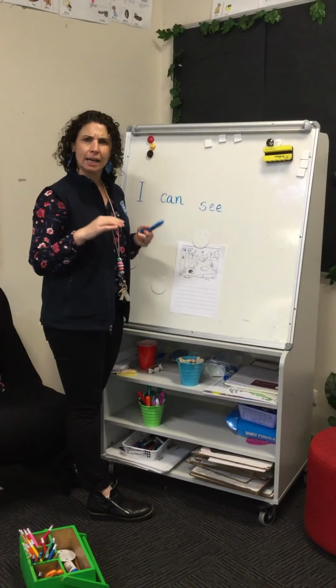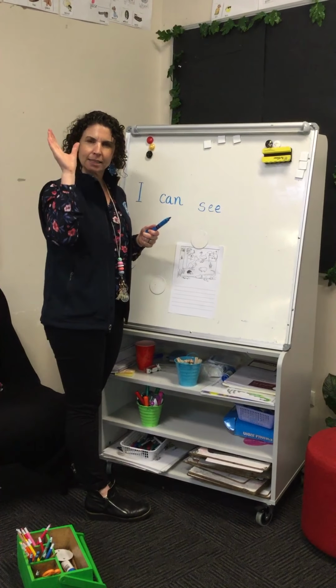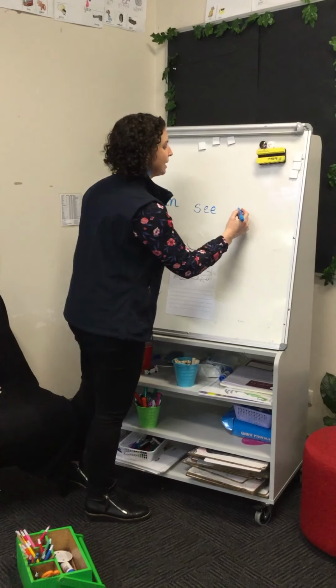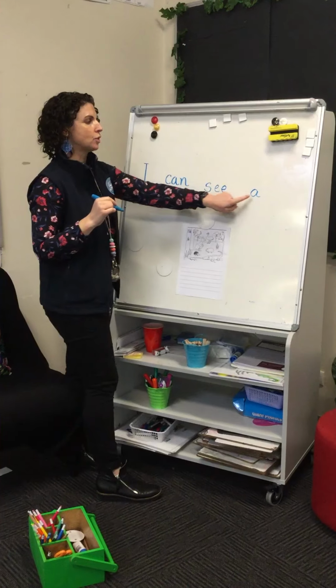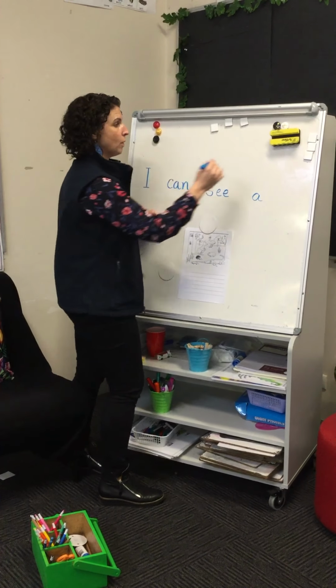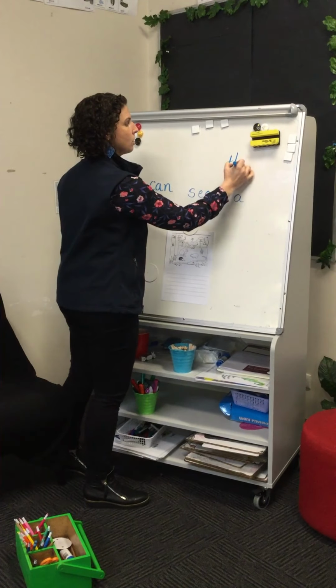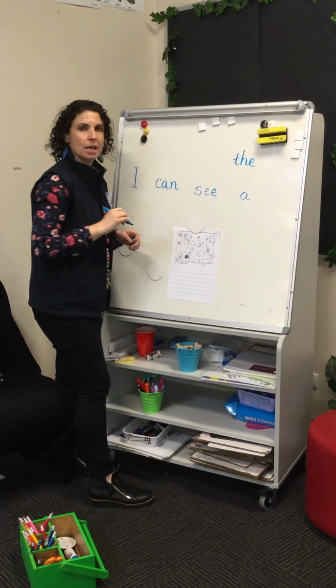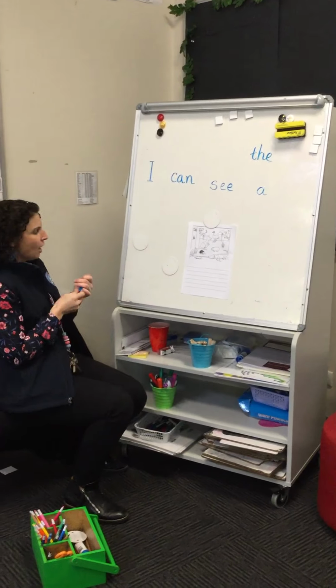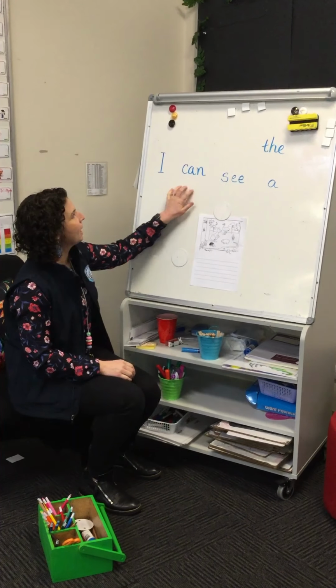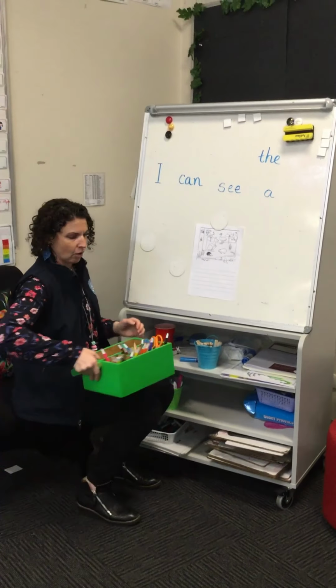And when we're writing a, sounds like that, doesn't it? But it's actually the letter A, all on its own. You could choose to use a, or you might even choose to do the. So you could do a or the. That rhymes, doesn't it?